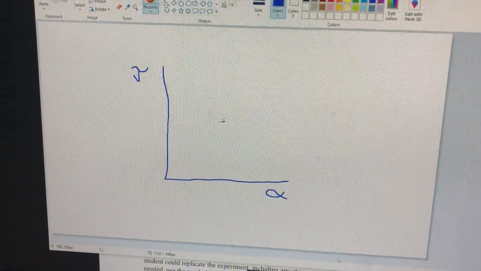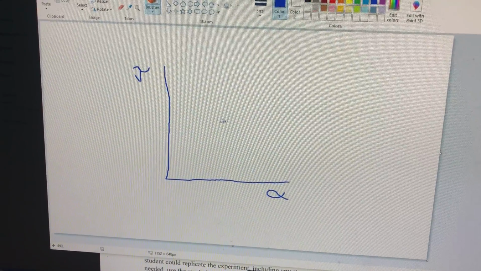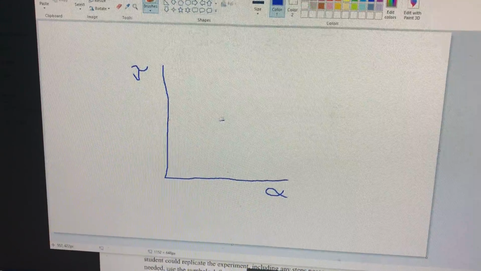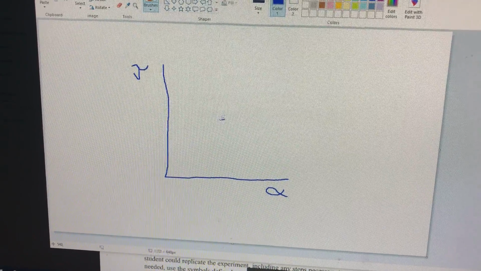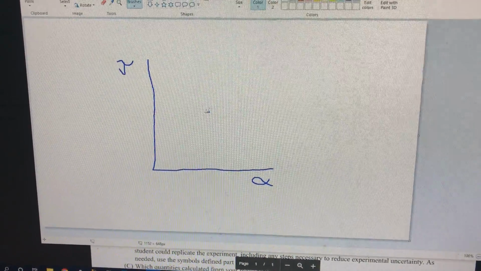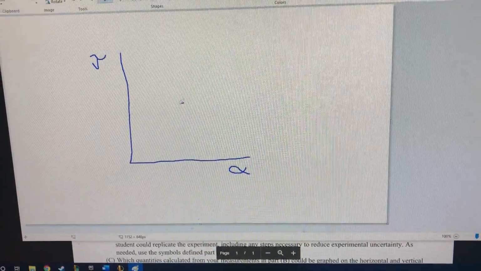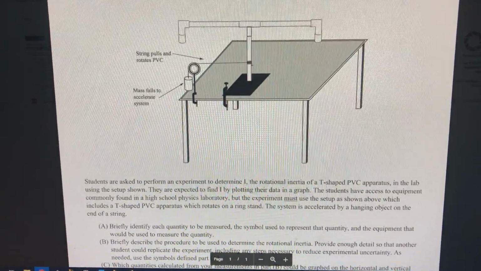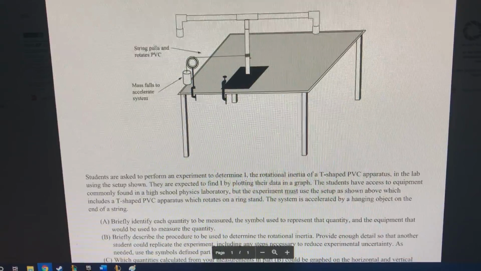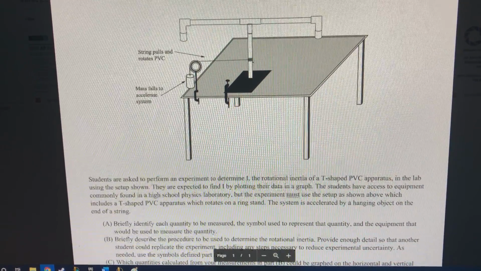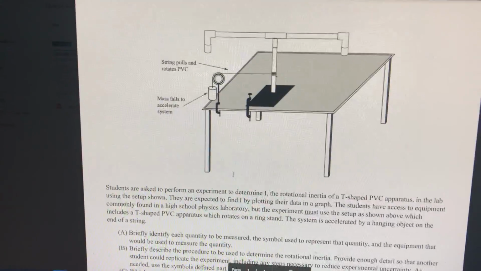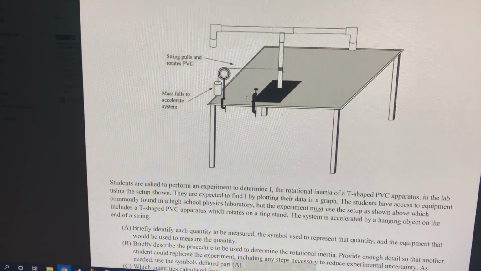However, how could we get some other spots on here with a different torque and a different angular acceleration? Well, looking at our picture, the torque depends on the force, and the force depends on the mass and the acceleration.